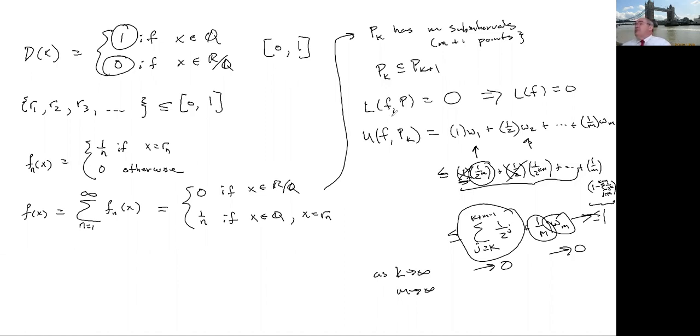And so we can get discontinuous functions, even functions that have infinitely many discontinuities, to still be Riemann integrable, as long as we can make the intervals around the discontinuous points so small that they add up to 0.